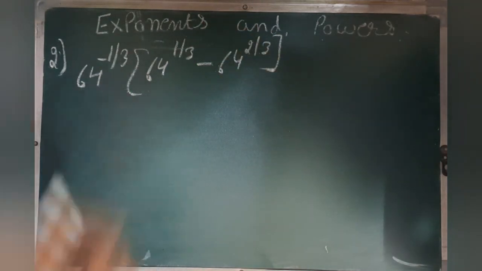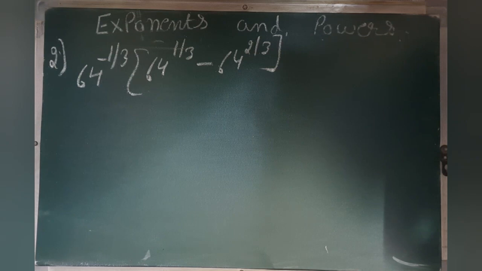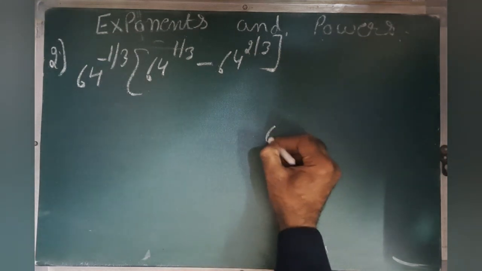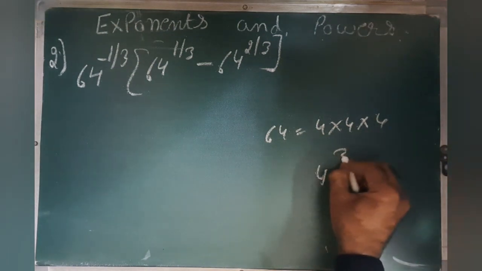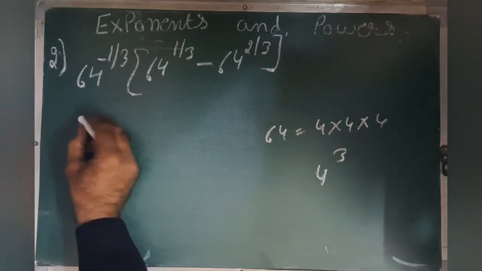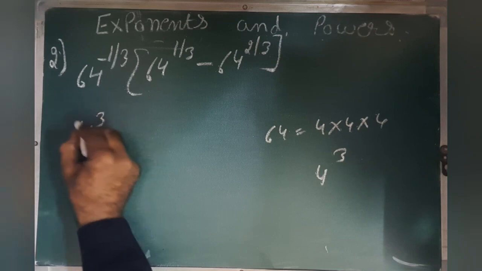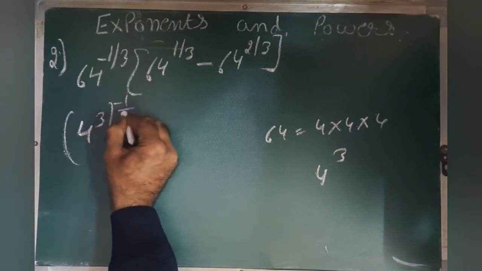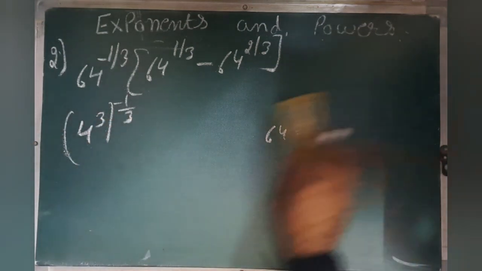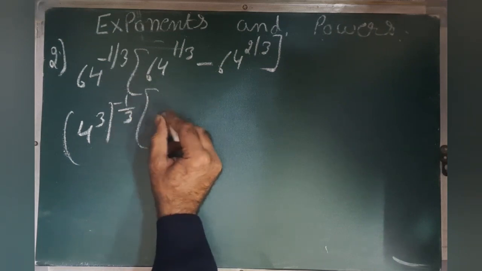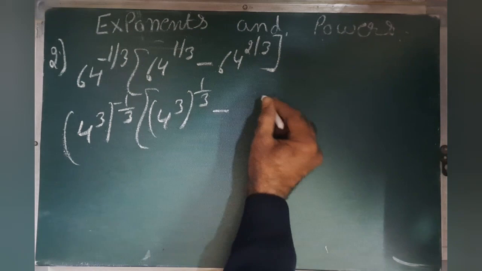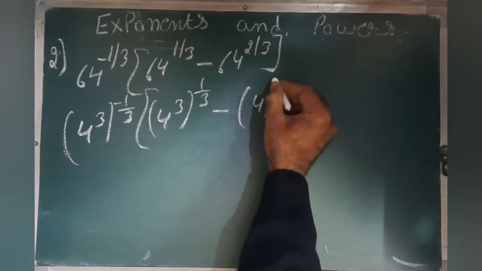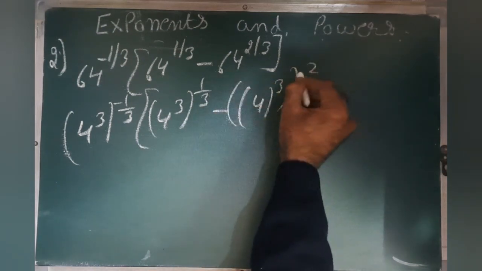How do we write 64 first? That means 4 multiply 4 multiply 4. 64 equal to 4 multiply 4 multiply 4, that means 4 power 3. So 4 power 3 whole power minus 1 by 3, minus 4 power 3 and whole power is 2 by 3.